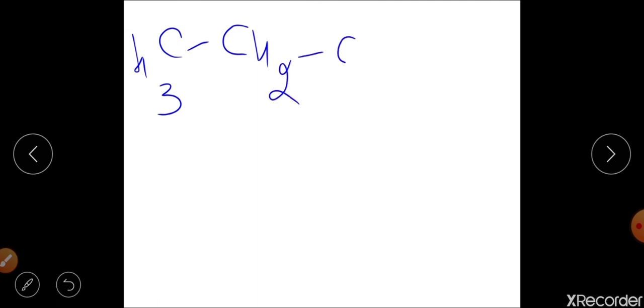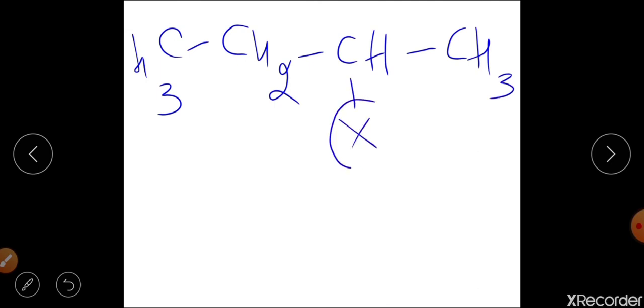Now the next substrate, for example, is CH3, CH2, CH, and CH3, and this is the leaving group X.